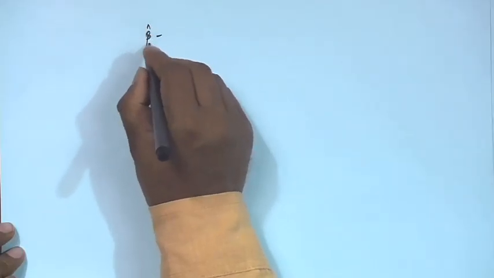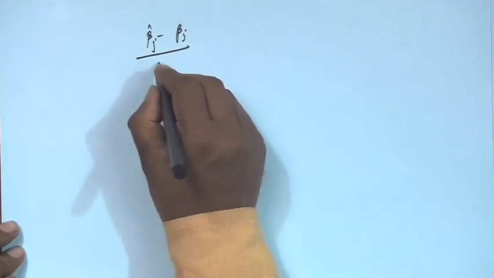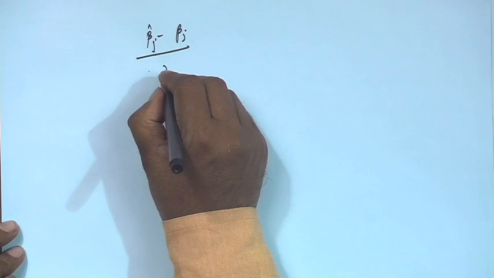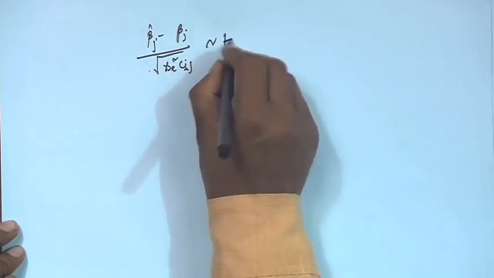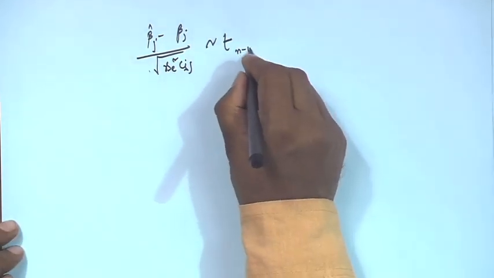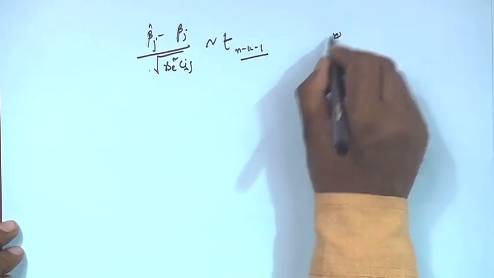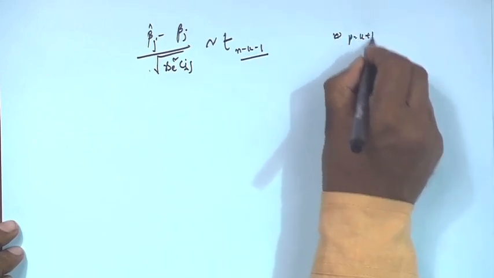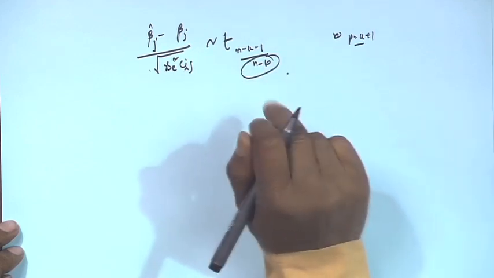So, we have seen that beta j cap minus beta j divided by the square root of sigma cap square C jj follows a T distribution with n minus k minus 1 degrees of freedom, where p equal to k plus 1. So, you can write it as n minus p also degrees of freedom.